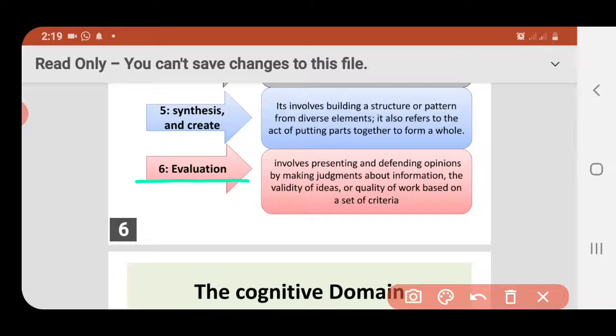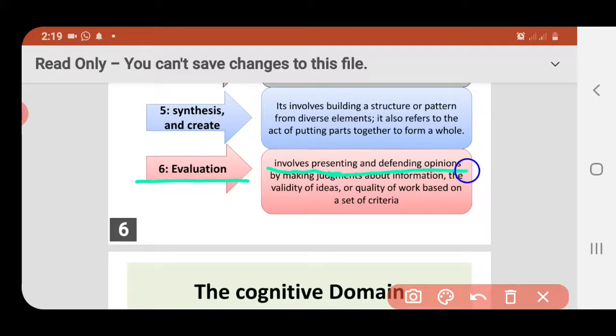The sixth level is evaluation. Evaluation is the highest level in this cognitive field. It involves presenting and defending an opinion.